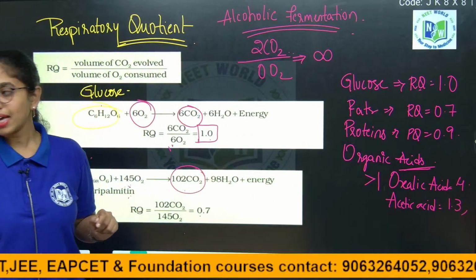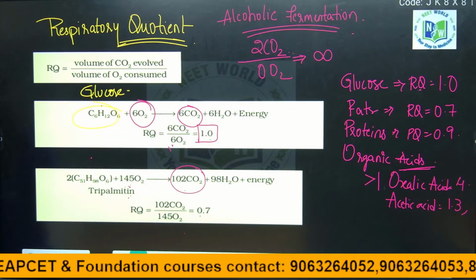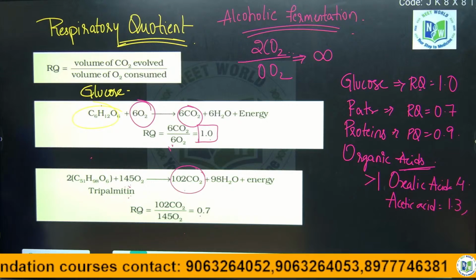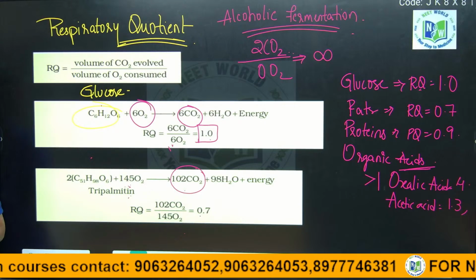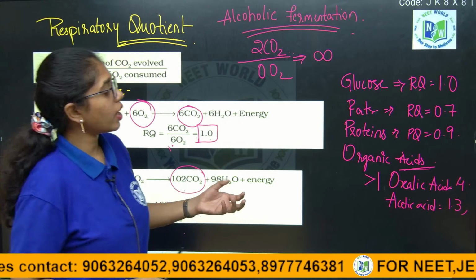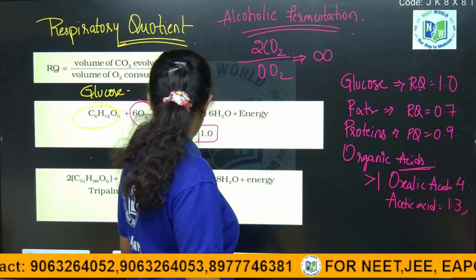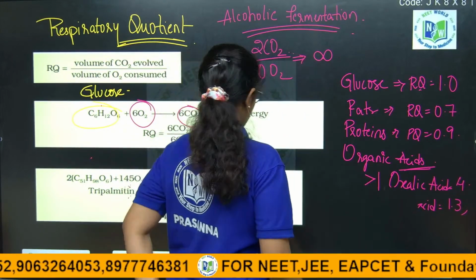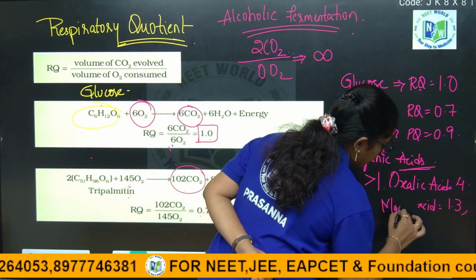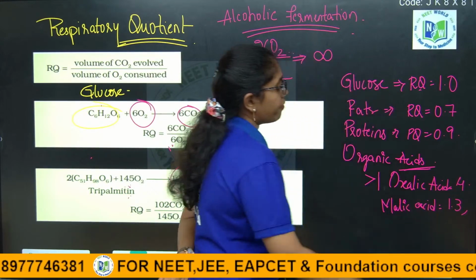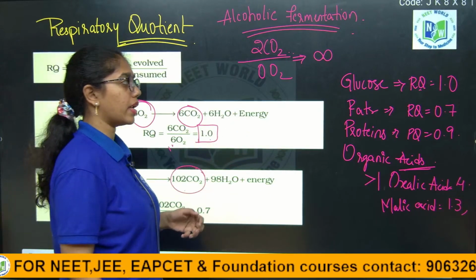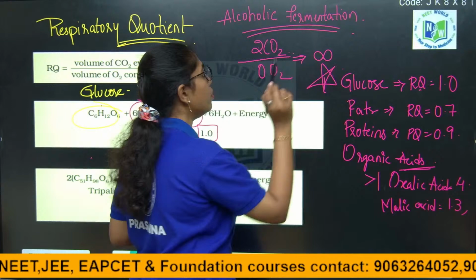Sorry, this is not acetic acid, this is malic acid, yeah. Fine. So, these are the different RQ values for different respiratory substrates, which is most important to remember.